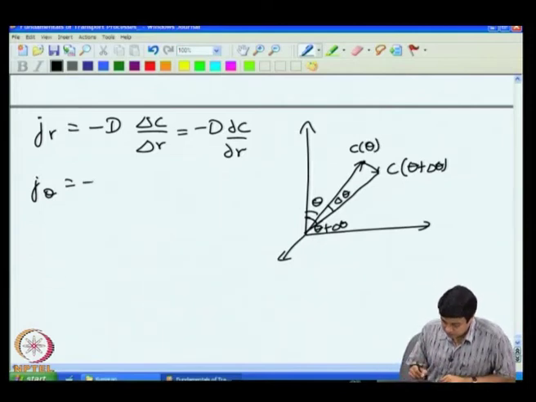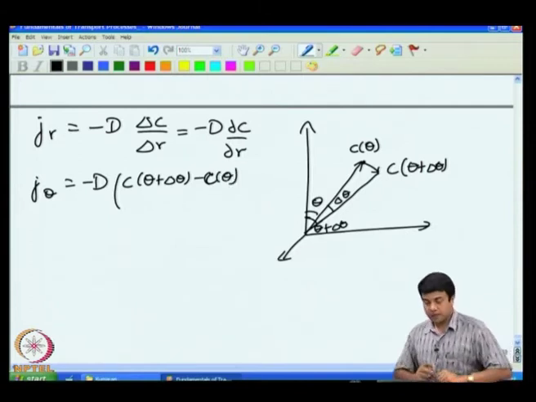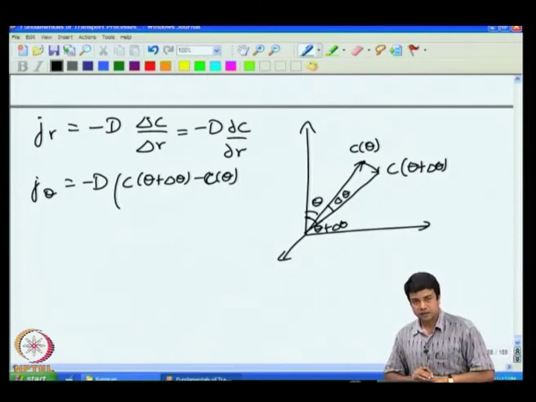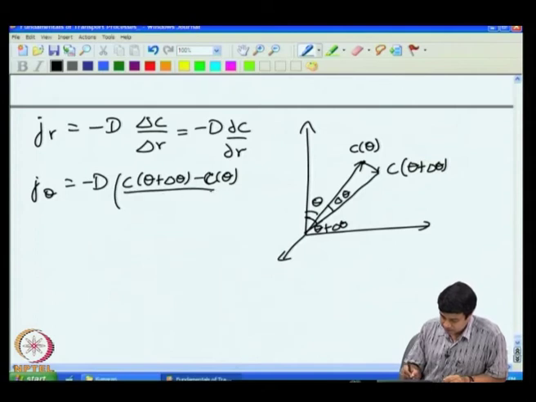This j theta is equal to minus D times c at theta plus delta theta minus c at theta, divided by the distance travelled. The flux is equal to minus D times the difference in concentration divided by distance. The distance that you travel in going from theta to theta plus delta theta is r times delta theta.